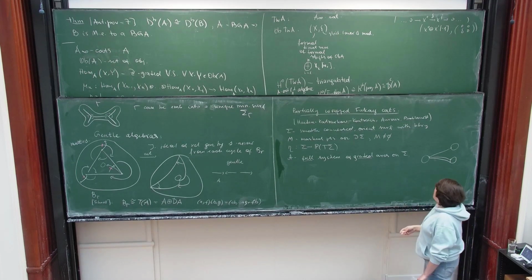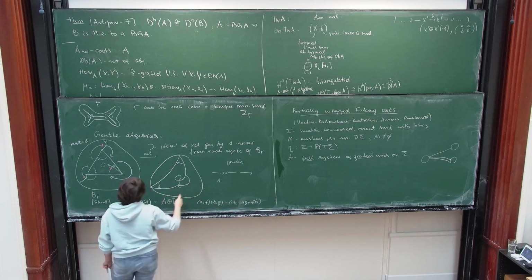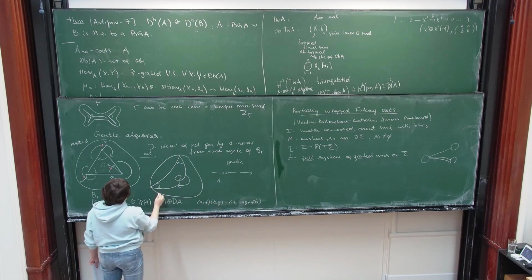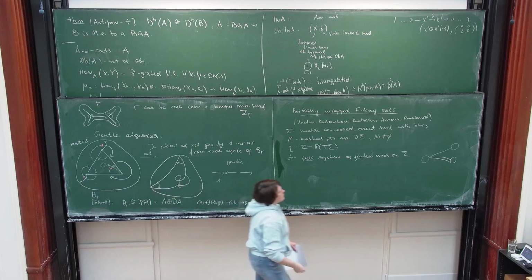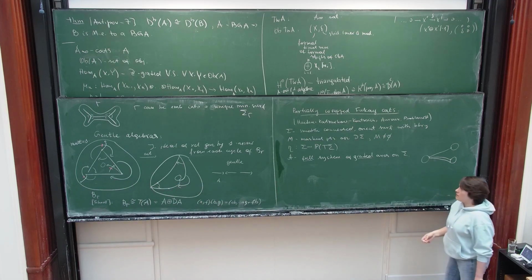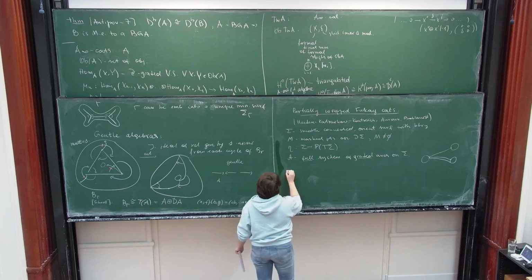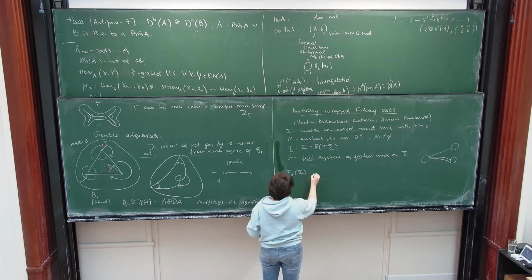So the arcs are going to give us vertices of some quiver, and then the intersections between the arcs are going to give us morphisms. So this is a partially wrapped Fukaya category of sigma.